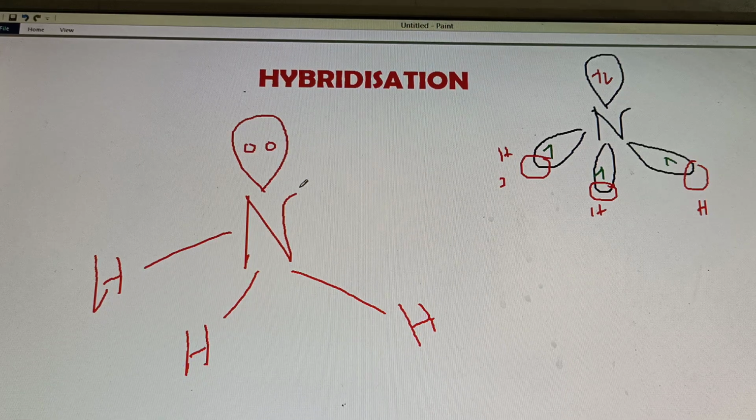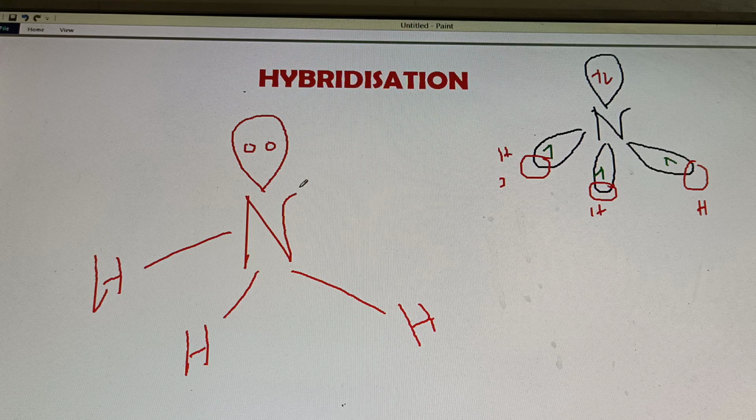Now you can see in that case the bond angle will not be equal to 109 degrees 28 minutes, because one actual bond is missing and one lone pair is residing on nitrogen.